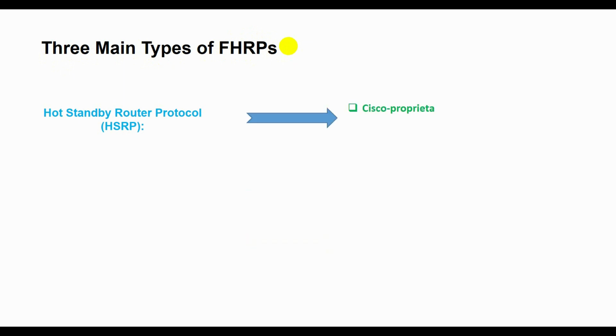Okay, there are three main options available for FHRPs. Hot Standby Router Protocol, or HSRP, is a Cisco proprietary protocol designed to allow for transparent failover of a first hop IP version 4 device, also with support for IPv6 networks.